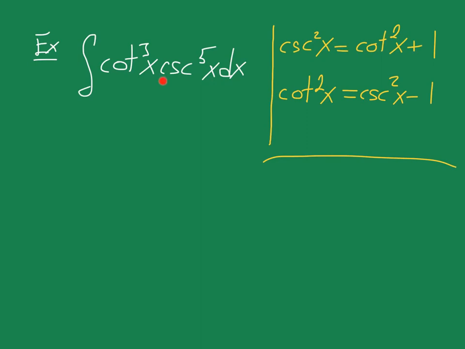So if we were to break off a cosecant squared x here, we'd be left with cosecant cubed x. And we wouldn't be able to write cosecant cubed x in terms of cotan without introducing square roots, because cosecant squared x we can certainly write in terms of cotan squared x, but we'll also have a leftover cosecant x, which will involve taking a square root.